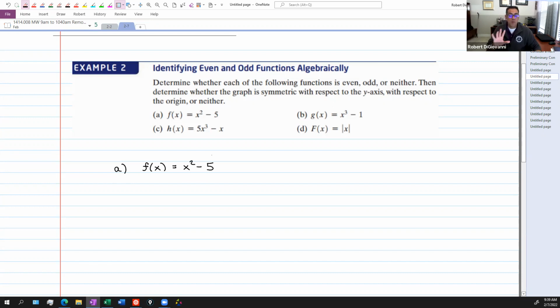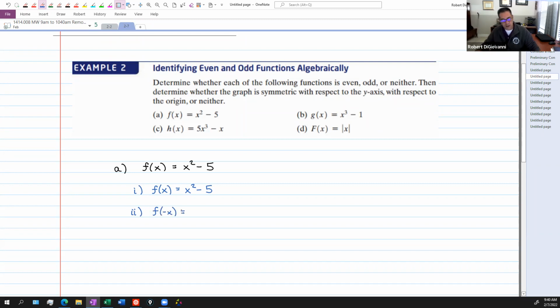And here's the way I recommend you do this. You're going to just find 2 things. First thing you're going to find is just f of x, which in this case is just x squared minus 5. The next thing that you should find is f of negative x.